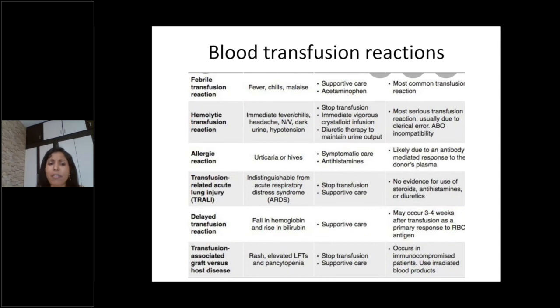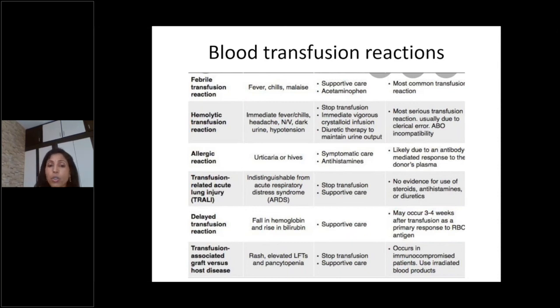Transfusion associated graft versus host disease is another condition. This is a fatal condition. One has to be very careful when you are transfusing children without any definite indication, especially when you are using a family person as a donor. That is the main risk factor for transfusion associated graft versus host disease.